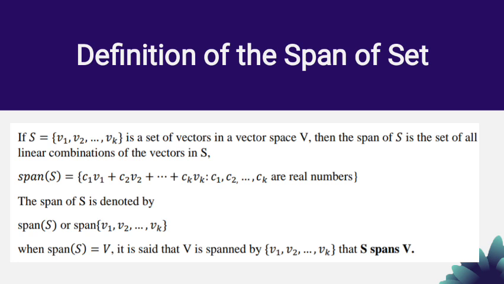The span of S is denoted by span of S or span {v sub 1, v sub 2, all the way through v sub k}. When span of S equals V, it is said that V is spanned by v sub 1, v sub 2, all the way through v sub k, that S spans V.